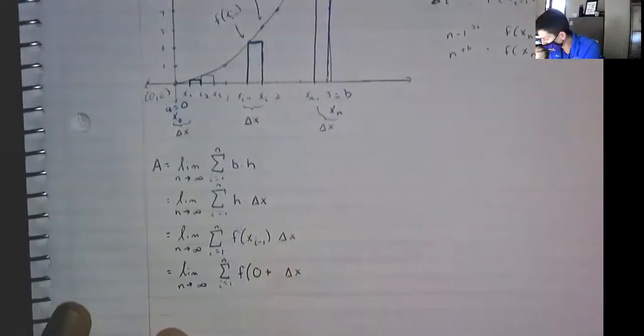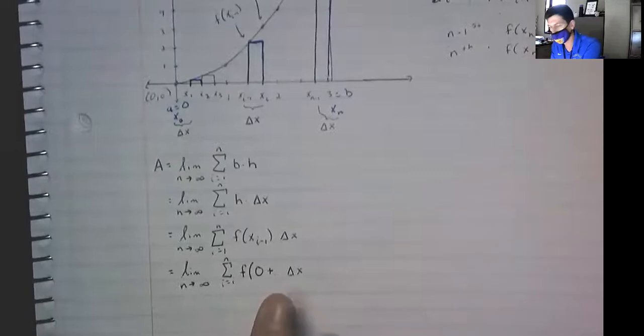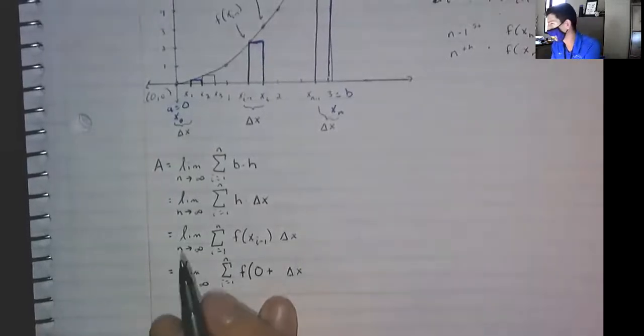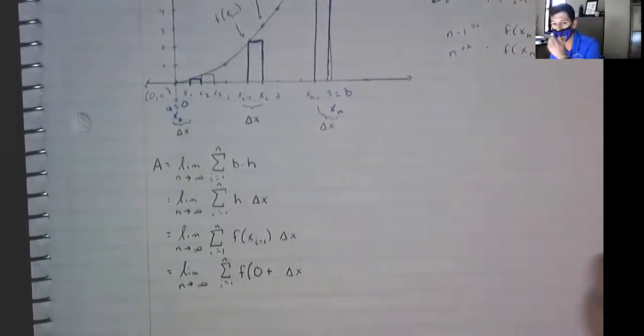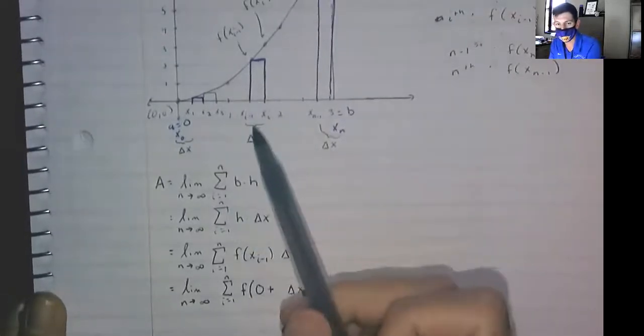So we're going to keep adding delta x's, which tells us we're probably going to be multiplying by i. For our 15th stop, it's going to be 15 delta x's from 0, okay?